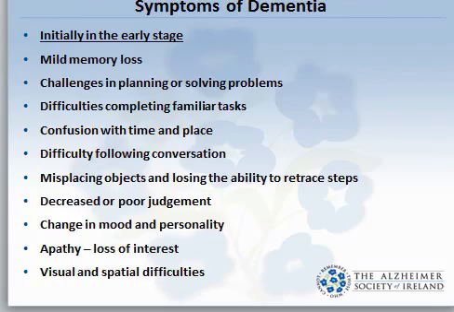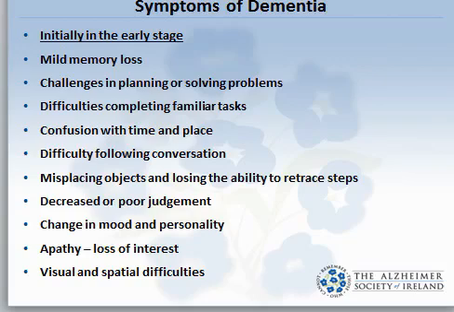So in terms then of symptoms, it's important to say that these symptoms aren't a blueprint, as we've said before. In the early stages or initial stages of dementia, you will notice mild memory loss with your loved one. They will have challenges in planning or solving problems, difficulties completing familiar tasks, confusion with time and place, difficulties following conversations.